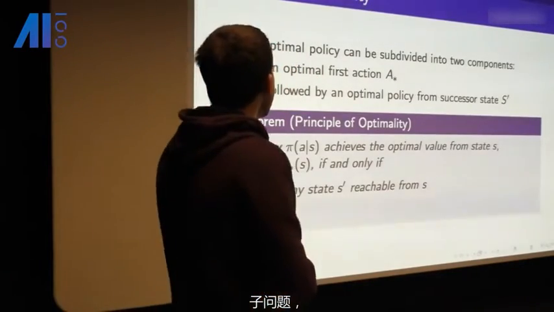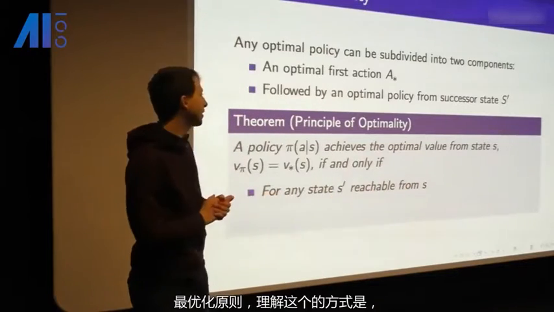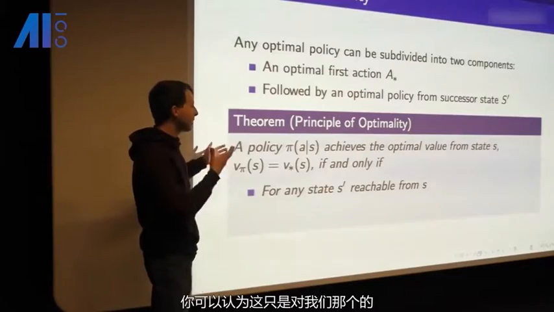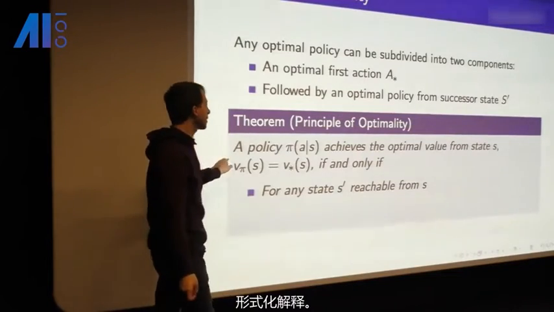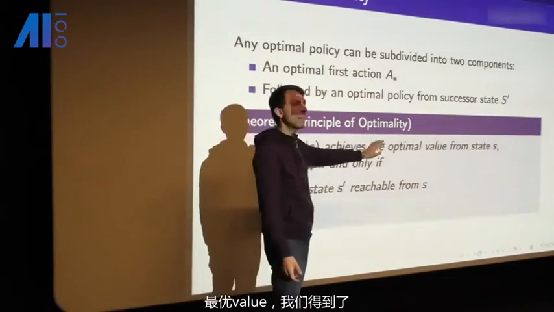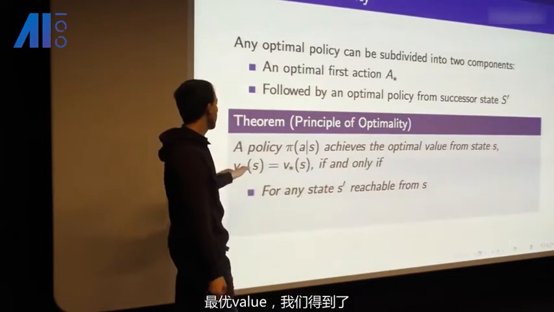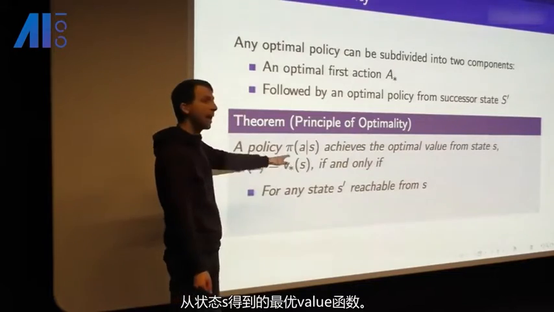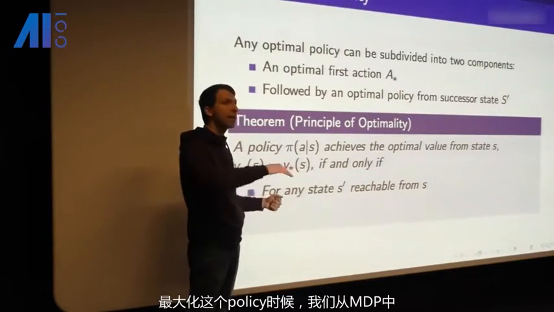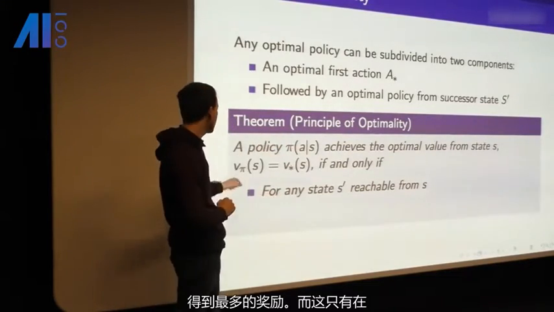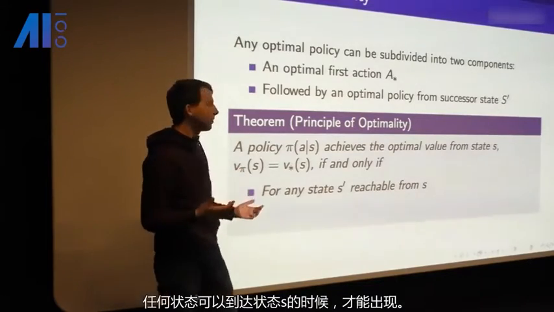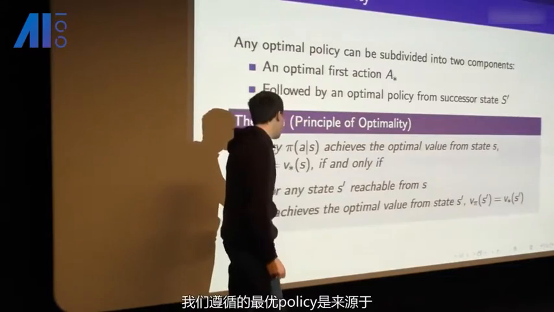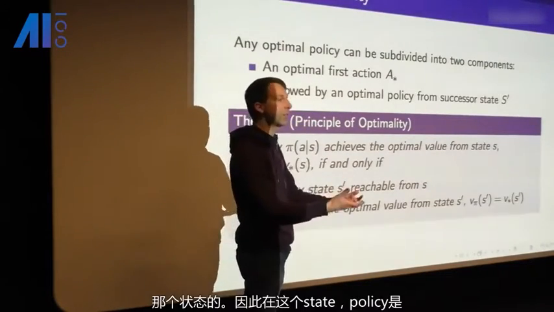So this gives us a theorem, the principle of optimality for policies. The way to think of this is just a formalization of exactly that intuition. A policy achieves the optimal value from any state S. In other words, the value of that policy is the optimal value function from state S. So this policy really does get the maximum juice out of our MDP if and only if, for any state that we can reach, the policy that we follow is optimal from that state onwards.